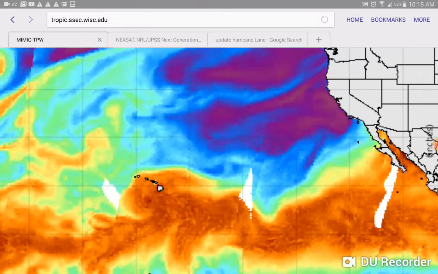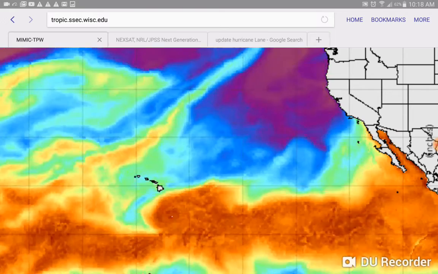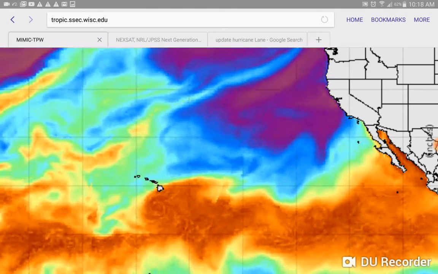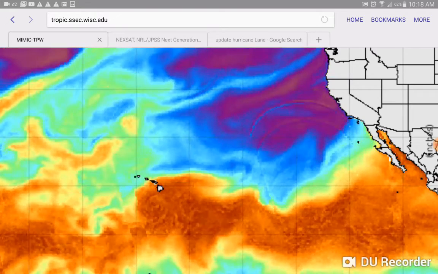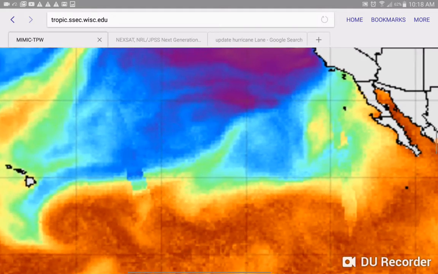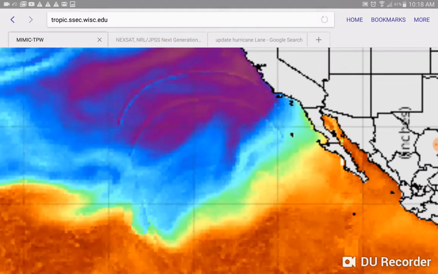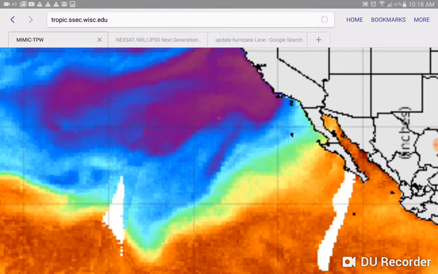Over here, just pay attention to this one. There's another arc that came up here, and it went up the north, just off the middle area of California to the left. You see that arc right there in the blues and purple area. And then over here, you'll see the white blob come up just down here by the peninsula of Mexico.